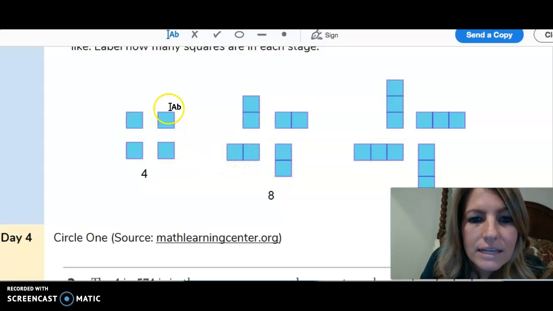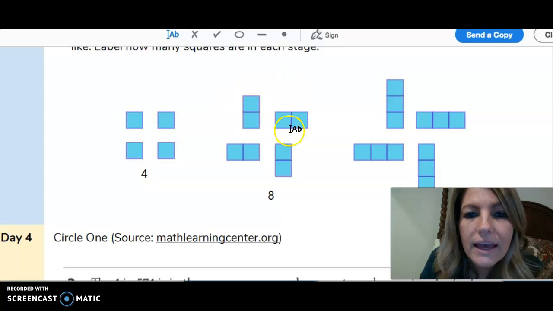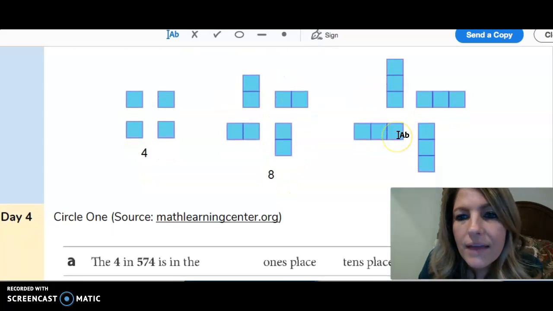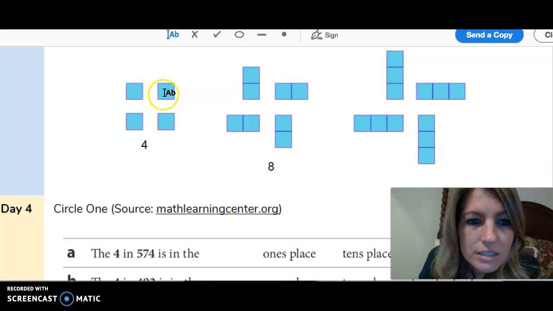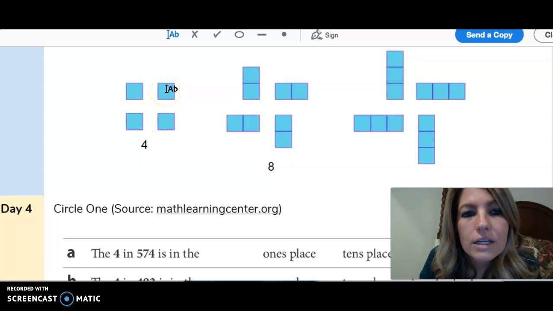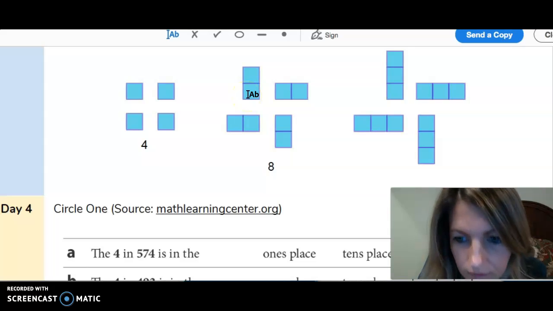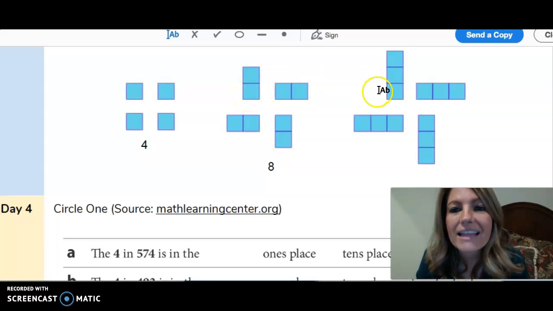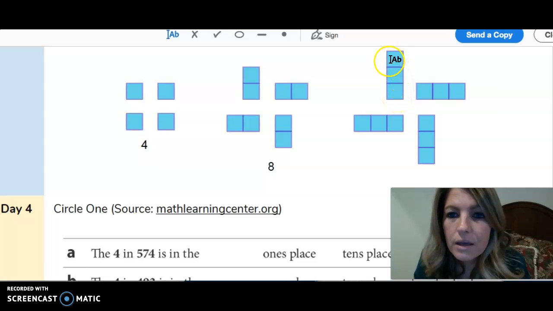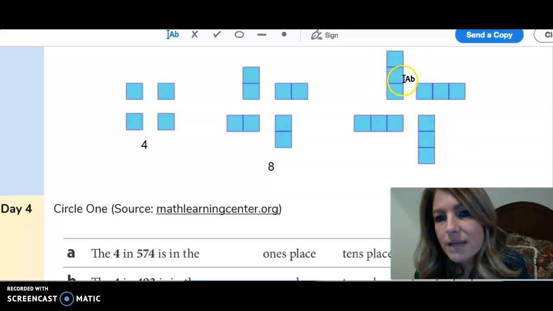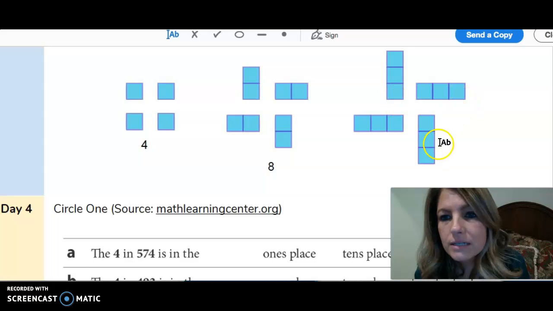Okay, so it looks like they're adding 1 cube every time. And that looks true over here too, because look, they've added another cube. First, they started out with 1 in each part, then they started with 2, and they ended with 3 cubes for each section. If I were to add all these cubes up, 3, 6, 9, 12.